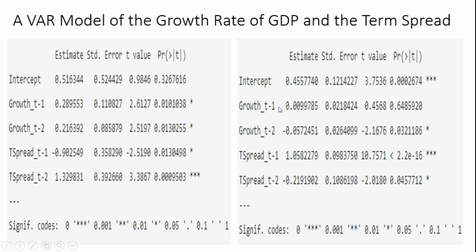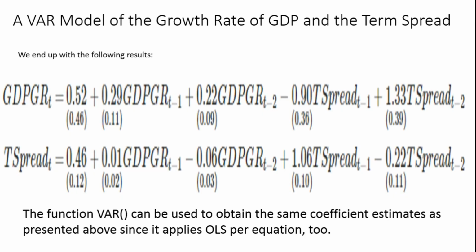So after this estimate, we can substitute our coefficients in our equations to obtain the linear representation of GDP and term spread in function of different lag variables, and you see the different constants and coefficients that are put into the equation.